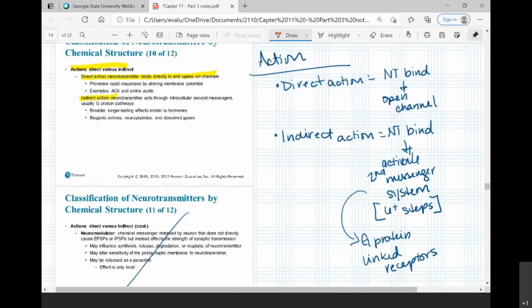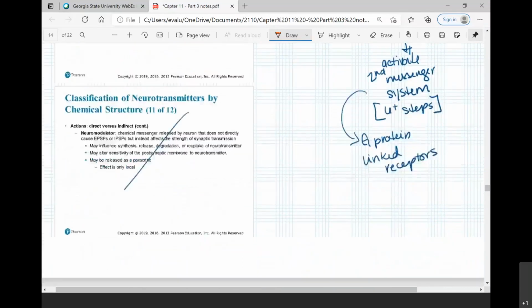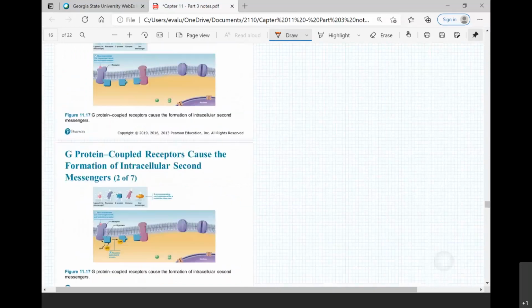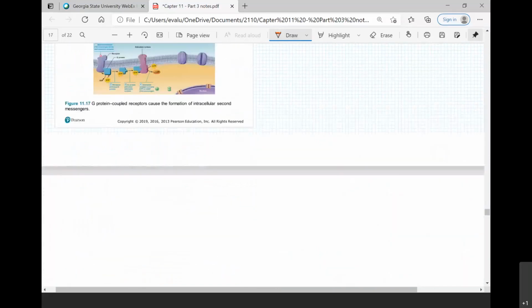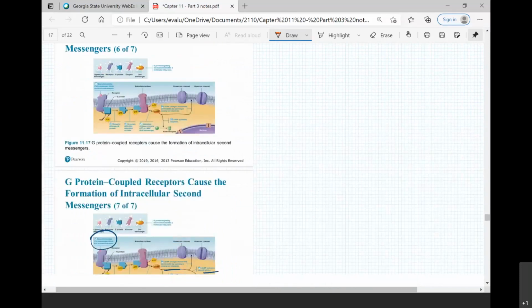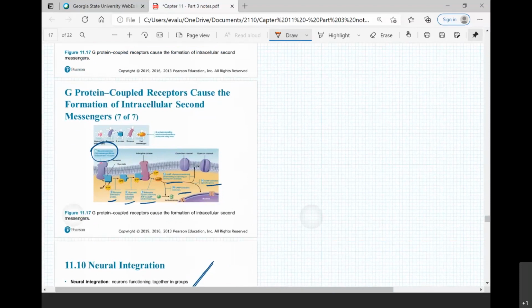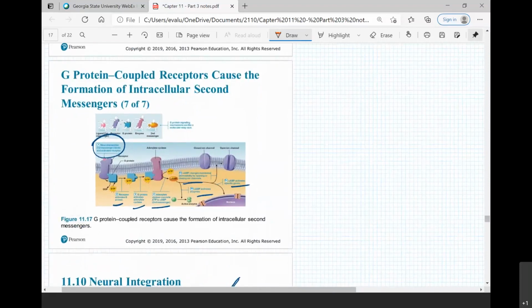It's called a second messenger system. They can have upwards of 6 steps. They're very, very long. We're not going to spend a lot of time on them, but it usually involves something called a G protein coupled receptor. So there should be an image way down here. Let me drive down to it, of this second messenger system. So this G protein indirect action is basically the neurotransmitter binds here.